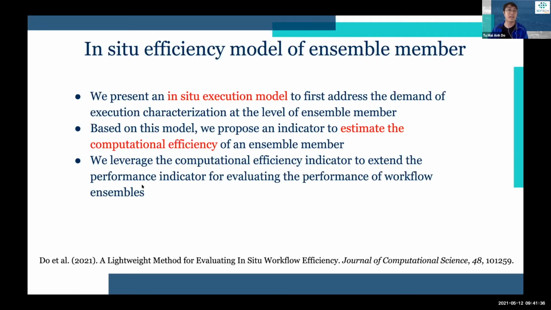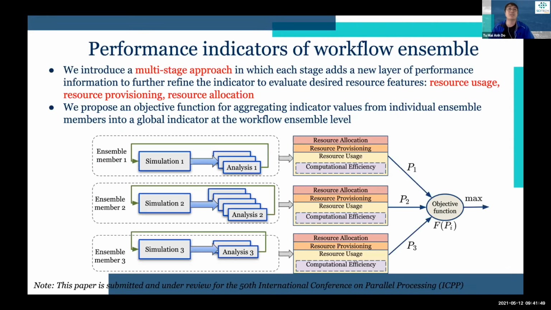We leverage this computational efficiency indicator and extend it to evaluate the performance of the entire workflow ensemble. Okay, so now let's come to the main idea of this work. Since we have the computational efficiency that we proposed in the previous slide, we extend it to introduce a multi-stage approach.